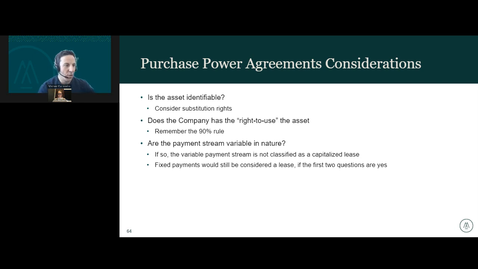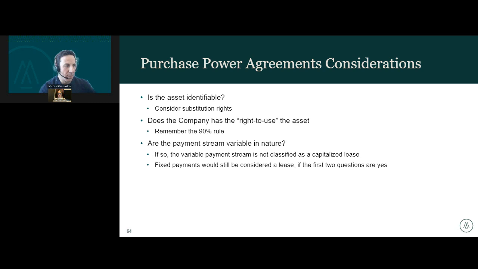Control could also be capacity in a power purchase agreement, or even controlling benefits such as renewable energy credits. A couple of things here: fixed payments in these agreements likely would be considered a lease if you meet the other two criteria of control and an asset. But if variable, it's likely not going to be a lease.